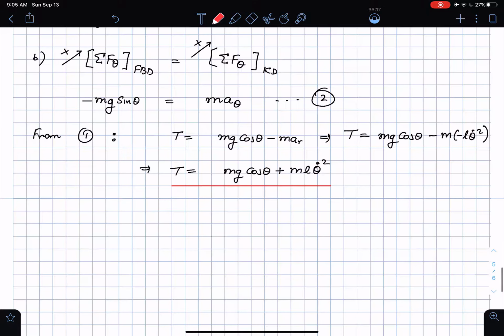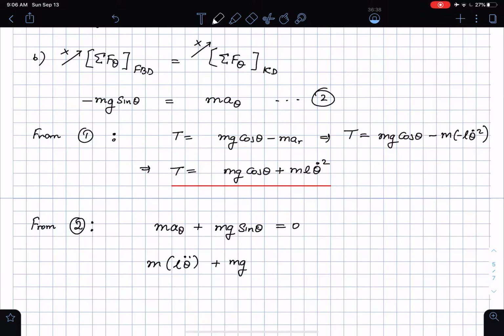Then from equation 2, we're almost there. From equation 2, I'm going to see that m a theta plus mg sine theta is equal to 0. I'm just rearranging the equations. And then look at a theta, that's m times L theta double dot plus mg sine theta is equal to 0.